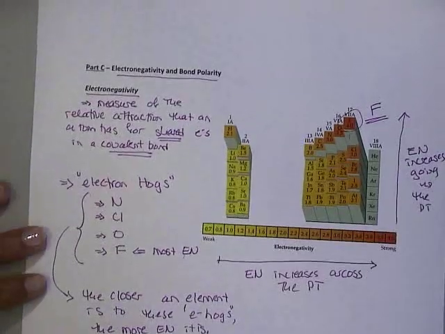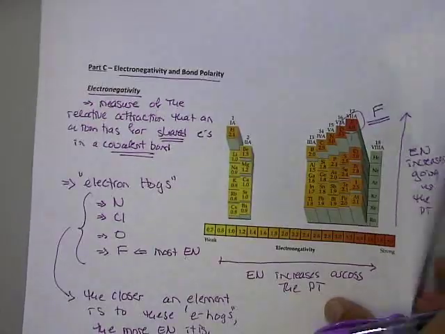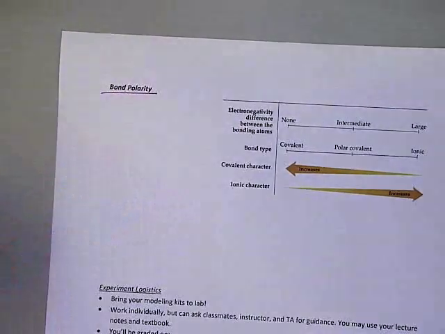So as I mentioned, electronegativity is the measure of the relative attraction that an atom has for shared electrons in a covalent bond. So why is it important? Well, because that ties in very nicely to bond polarity. So part C is a worksheet that you're going to have to do in lab. It has to do with electronegativity and bond polarity.